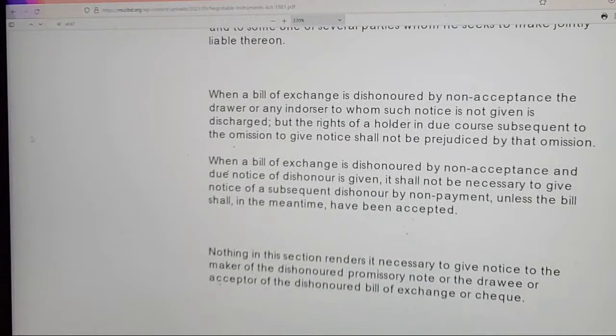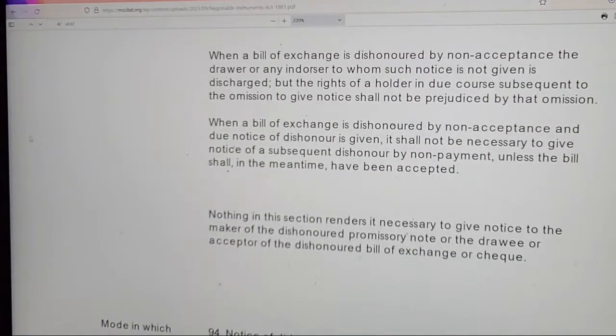When a bill of exchange is dishonored by non-acceptance, the drawer or an endorser to whom such notice is not given is discharged, but the rights of a holder in due course subsequent to the omission to give notice shall not be prejudiced by that omission.